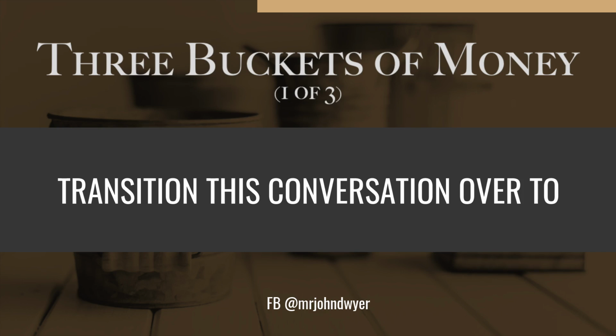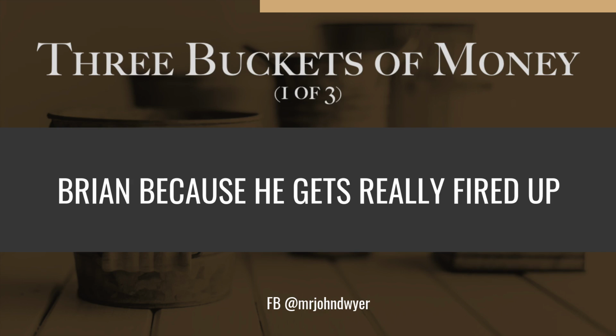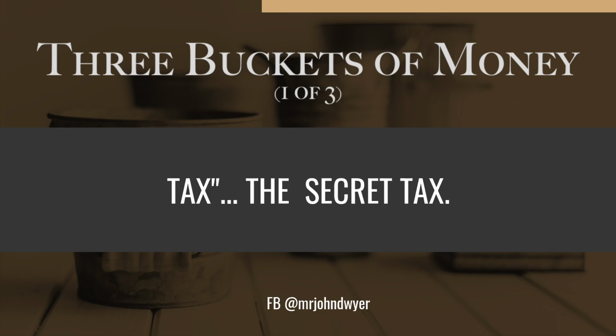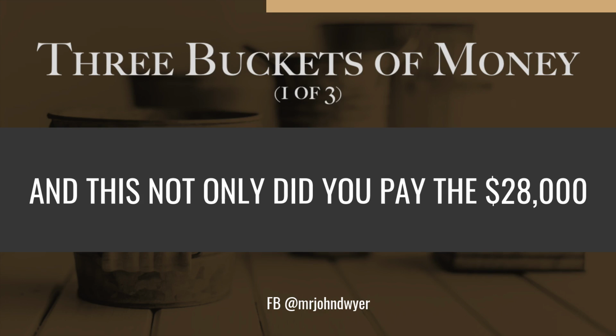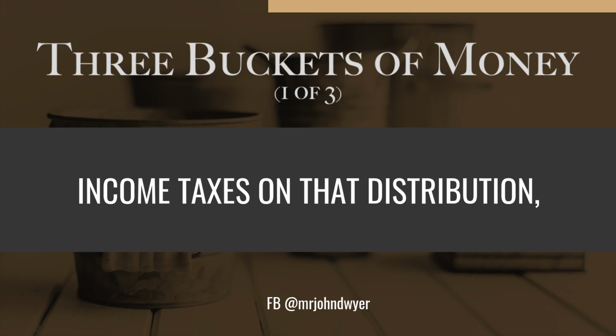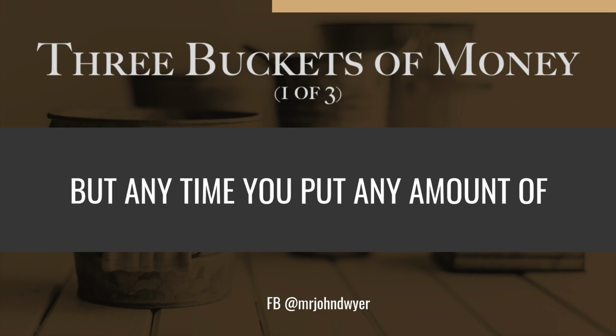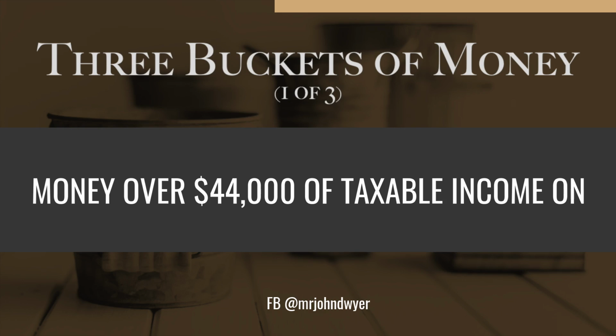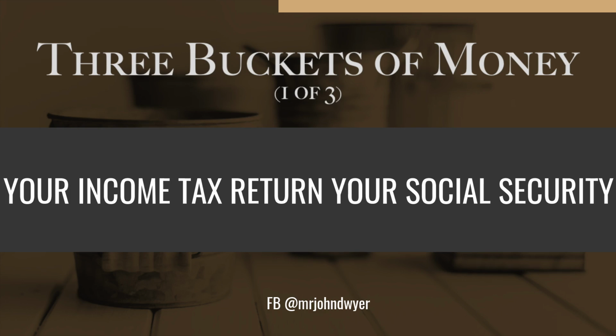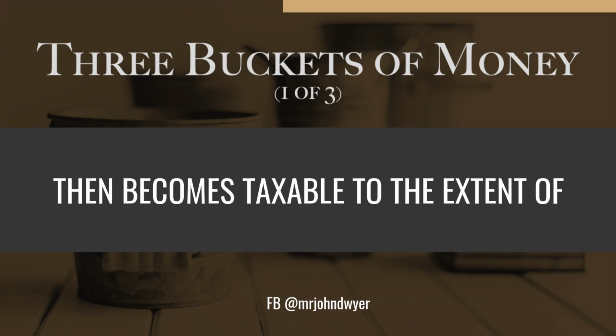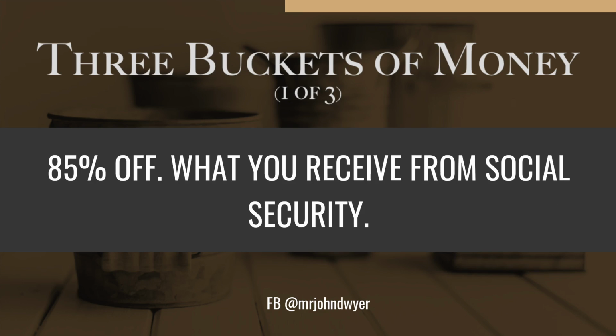Now I'm going to transition this conversation over to Brian because he gets really fired up about what we call the how dare you tax. There's a secret tax in this. Not only did you pay the $28,000 of income taxes on that distribution, but anytime you put any amount of money over $44,000 of taxable income on your income tax return, your Social Security then becomes taxable to the extent of 85% of what you receive from Social Security.